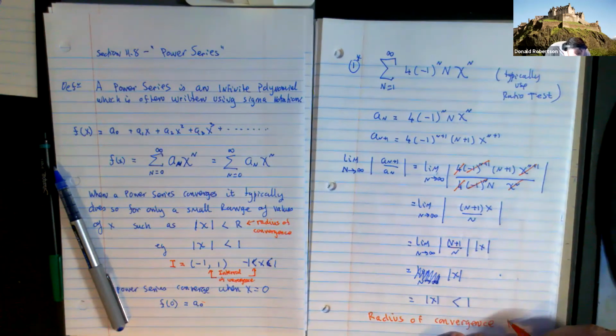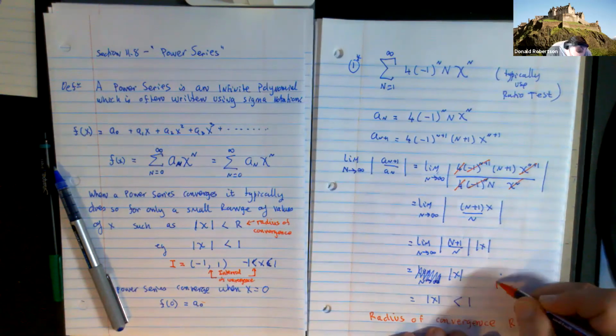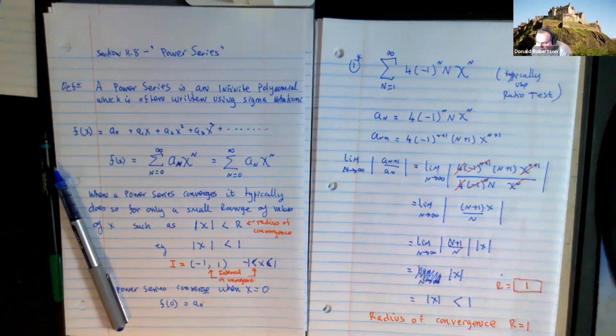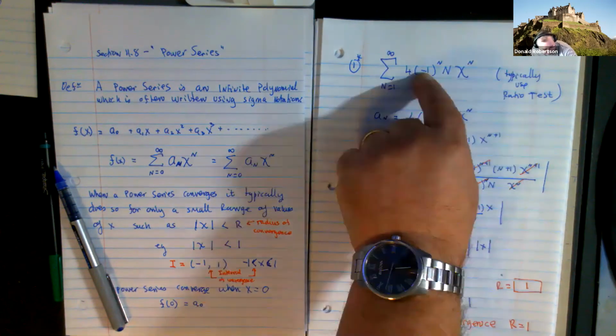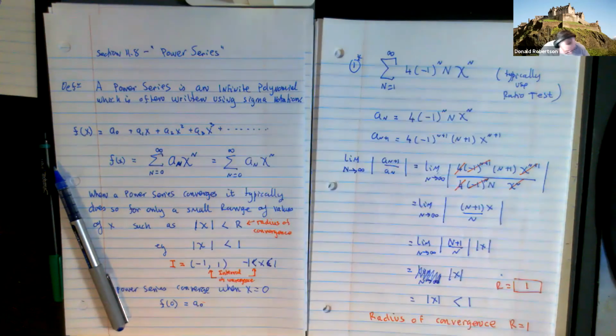The radius of convergence is r equals 1. So in your homework, you have a box that looks like this, and you put 1 in it, and that would be the answer to part A. So as long as the absolute value of x is less than 1, this power series will converge.